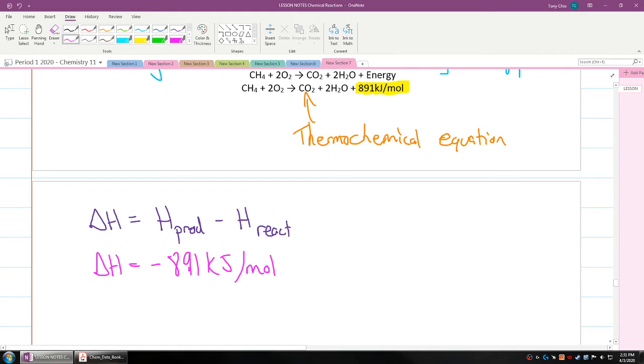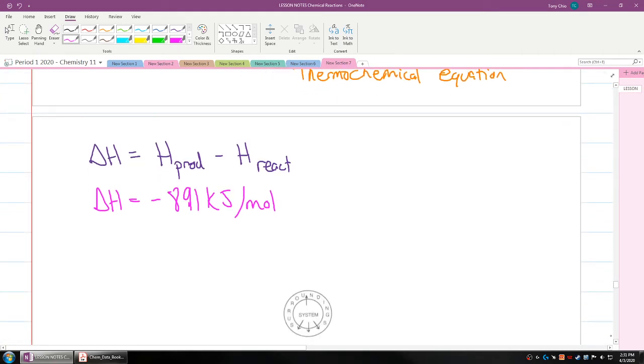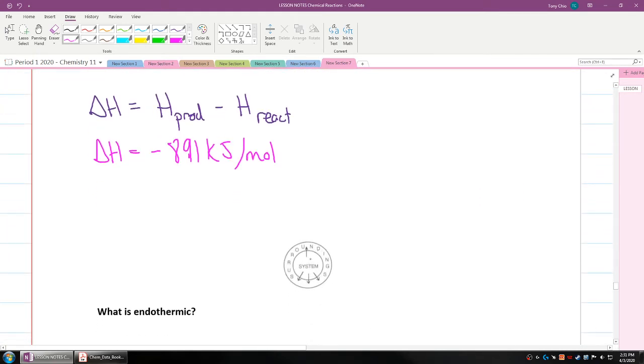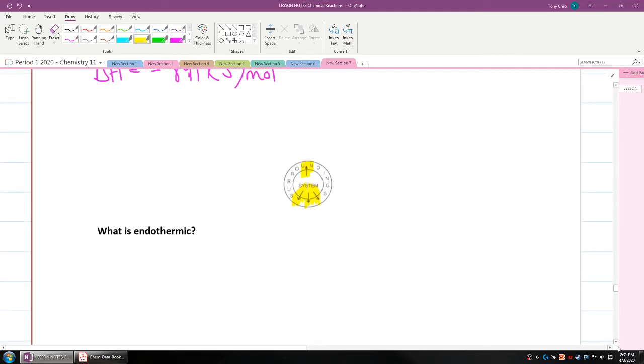So if you need a diagram of what exothermic looks like, this is the diagram showing you what's going on. Your system's releasing energy to the surroundings. Now, if we talk about this backwards, we're going to discuss this now in terms of endothermic. Endothermic, as you could call it, enter.